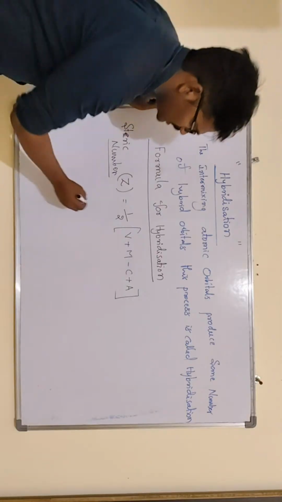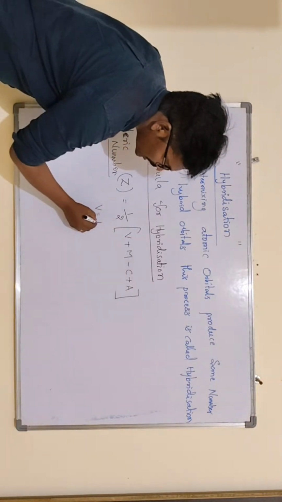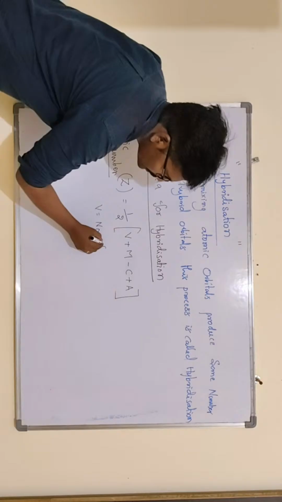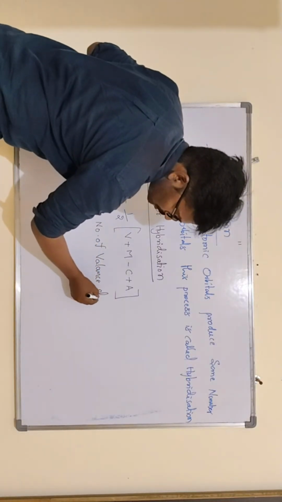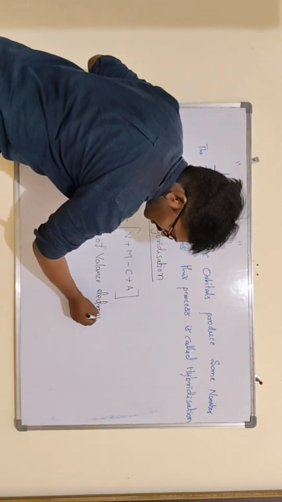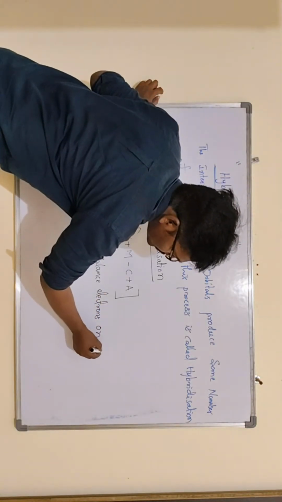What is V? V equals the number of valence electrons on the central atom.